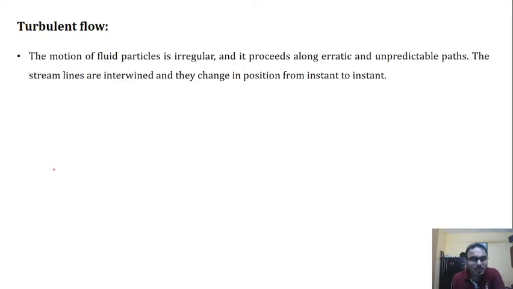Now the next part is turbulent flow. So this will be completely reversed to the laminar flow. Here the motion of fluid particles is irregular.